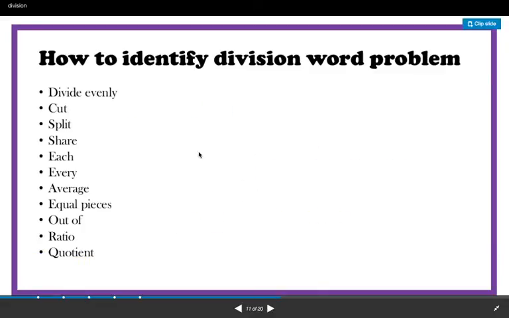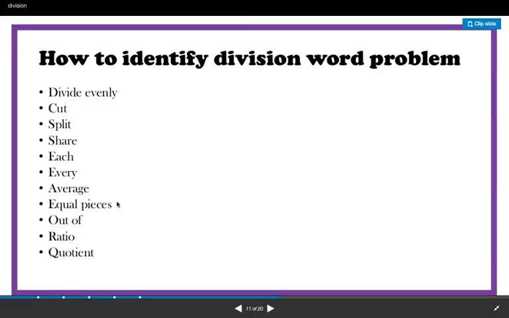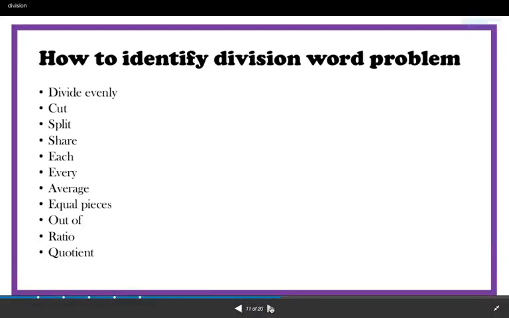So in word problems, or any problems, you can identify division as the operation to use when it says divide evenly, cut, split, share, each, every, average, equal pieces, out of, ratio, and quotient.